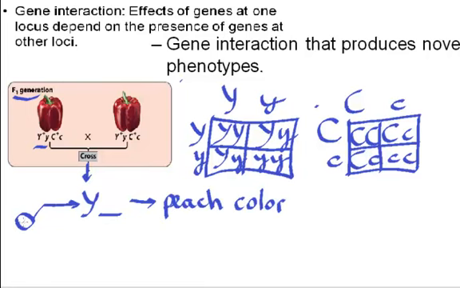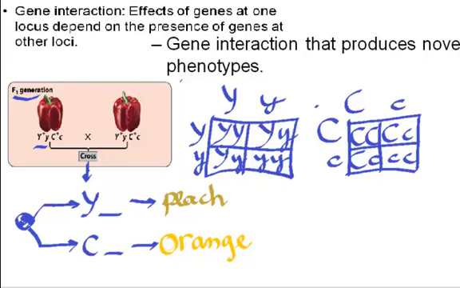Now, this same precursor molecule here can take a different pathway. It can be affected by this other gene that, when the dominant form is present, will produce an orange color. So here we have a part of this pathway that will produce a peach color, and here we have another part of this pathway that will produce an orange color.